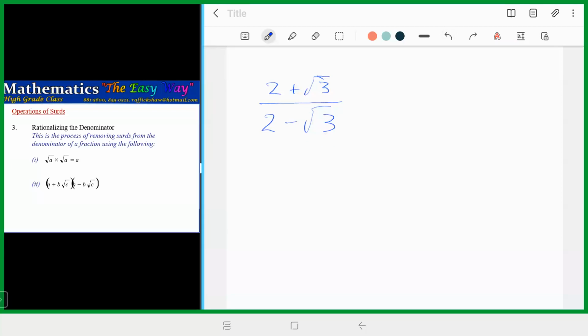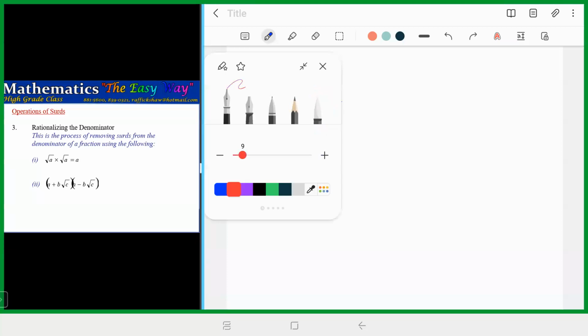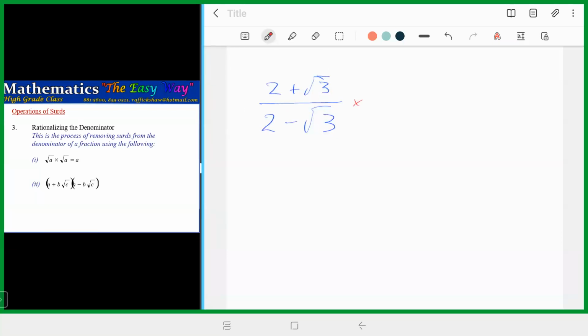We want the denominator to become a rational number. To do that, you have to multiply it by its conjugate, which is 2 plus root 3. But because you multiply the denominator by 2 plus root 3, you have to multiply the numerator by the same thing, which is 2 plus root 3. And then this calculation under here will rationalize the denominator for you.